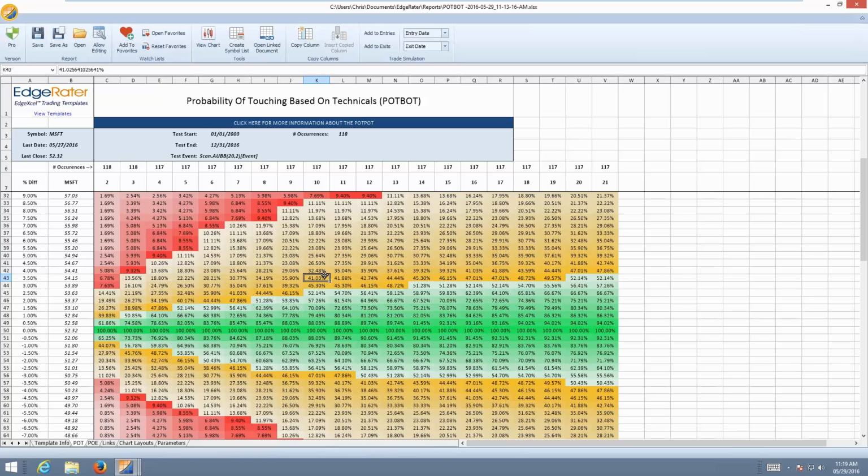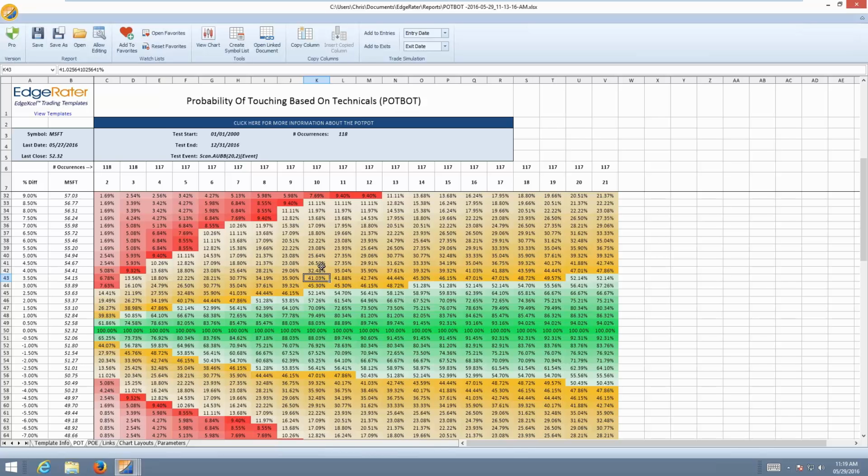If you wanted to know exactly how many occurrences that was, it's just 41% of 117. So that's roughly, what would that be? About 47-ish. So 47 times out of 117, price got to the 3.5% level.